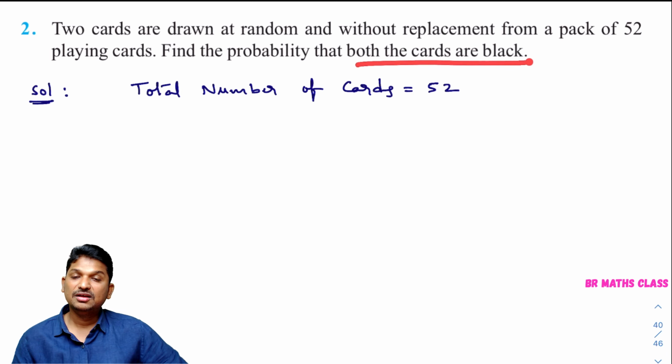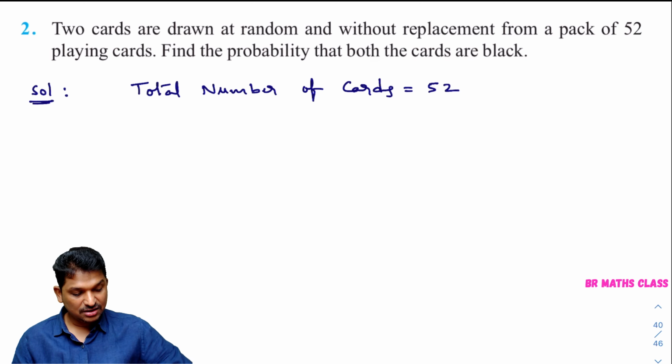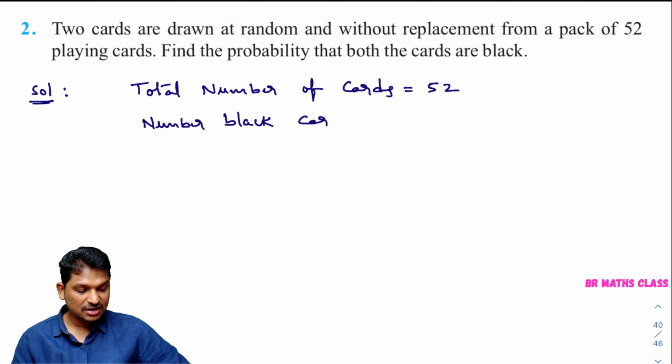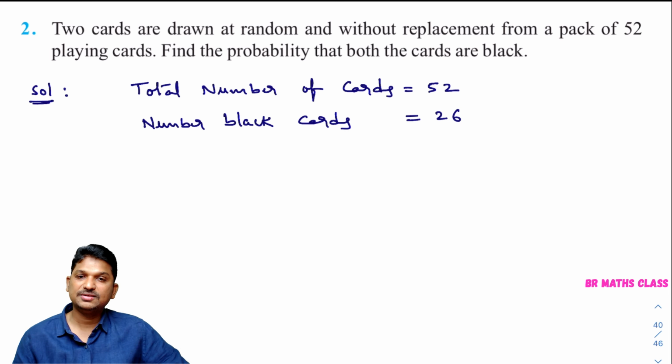The number of black cards is 26. The number of red cards is also 26. This data we know from a pack of cards.